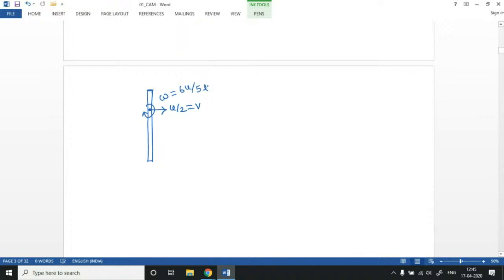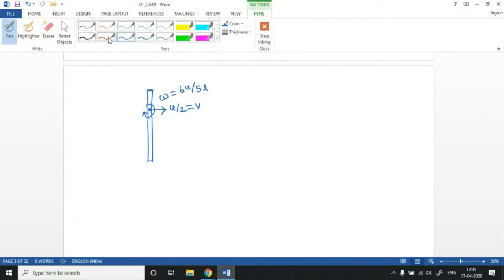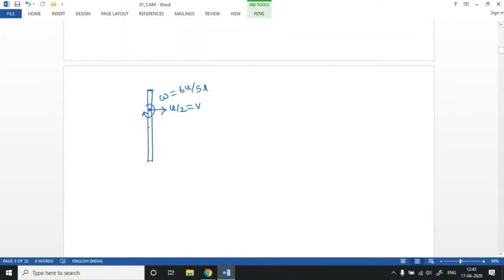Now the problem statement is, let's divide this rod into two equal halves. Let's say this is O and this is A and this is B, and let's say this point is C. So point O divides this rod into two equal halves, upper half and lower half.